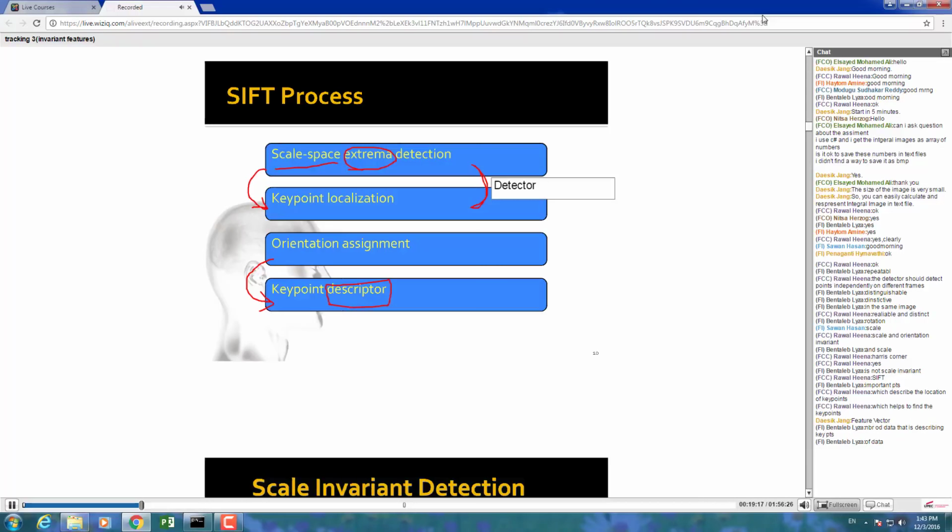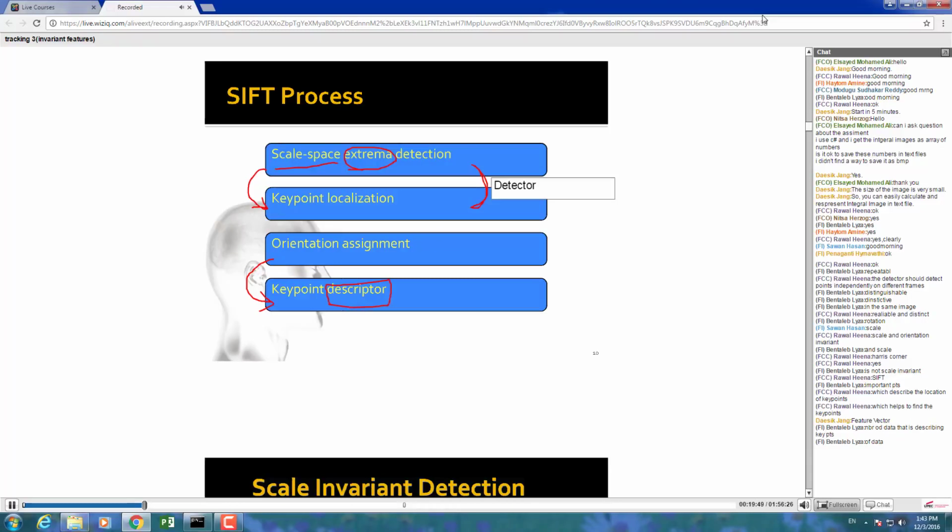Okay, so anyways, finally, descriptor is a feature vector. Its dimension can be 3 or 5, 10, 100, depending on the algorithm. Okay, so basically, this SIFT feature calculation process is composed of these two parts: detector and descriptor.